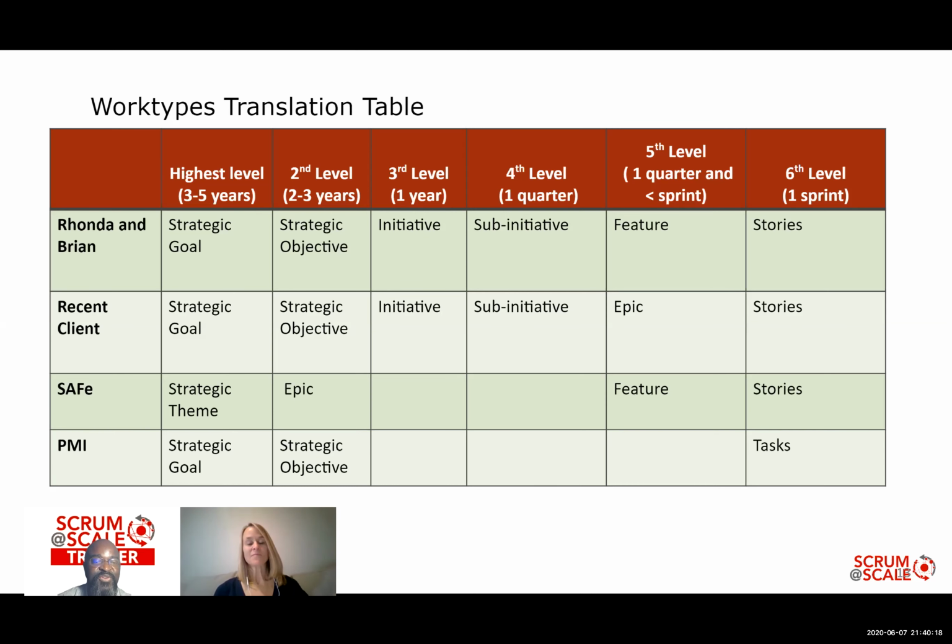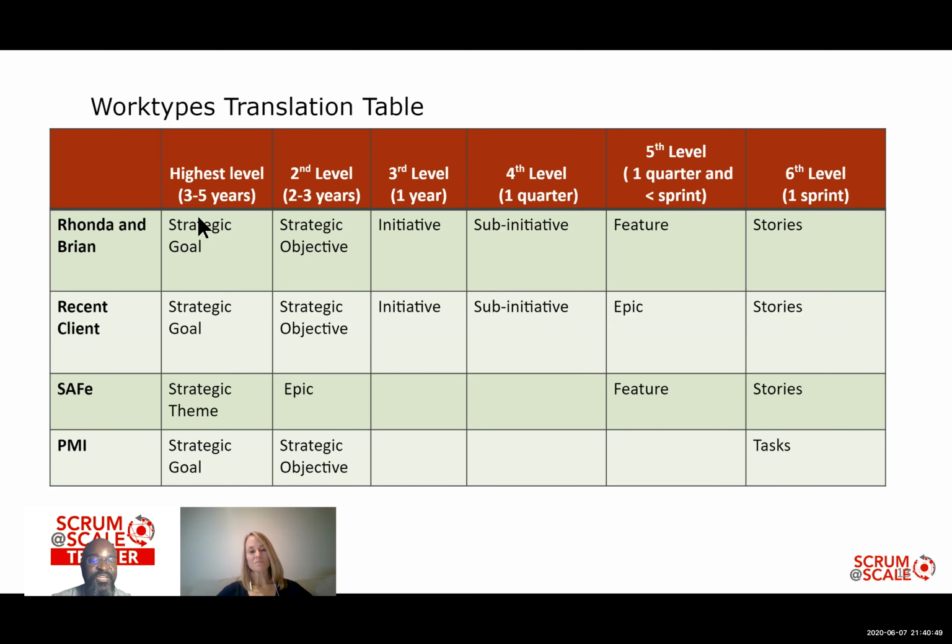And remember, even though these work types are outputs, there's going to be a corresponding outcome associated with each one. And the outcomes are expected to extract their values completely according to the time frames up here. So therefore, the outputs we have here on work types have to be complete within these time frames.